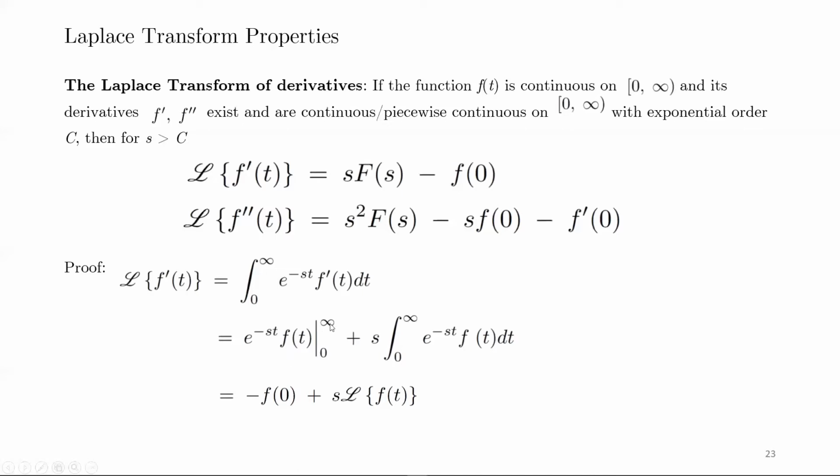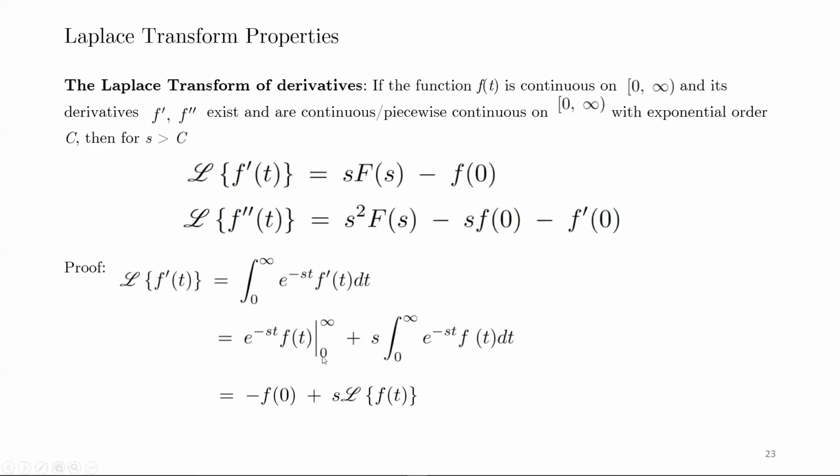Well, if I substitute in infinity for t here, because s is greater than 0, this term goes to 0. If I substitute in t is 0 in here, this term becomes 1, and I just get f of 0.